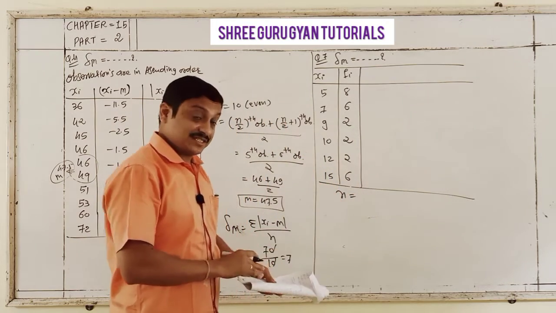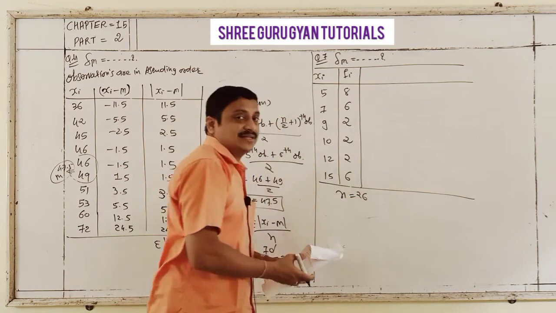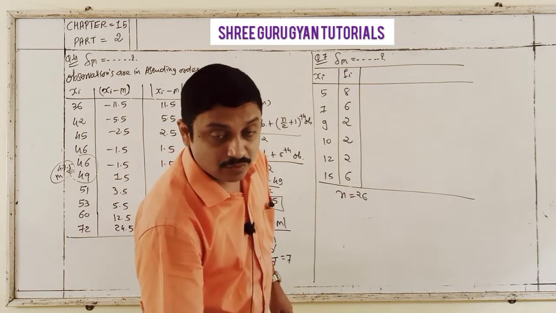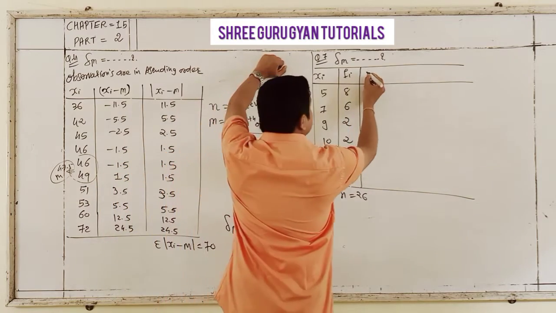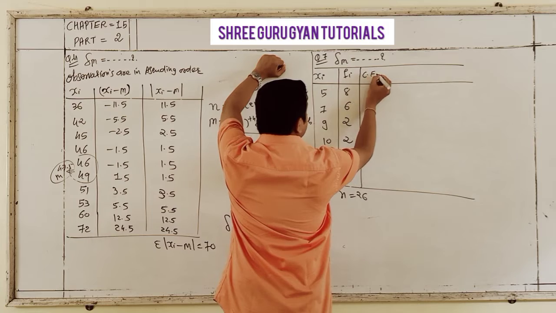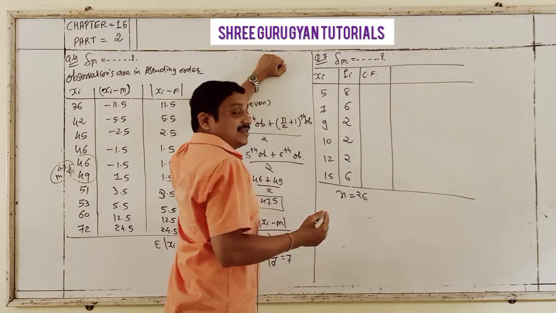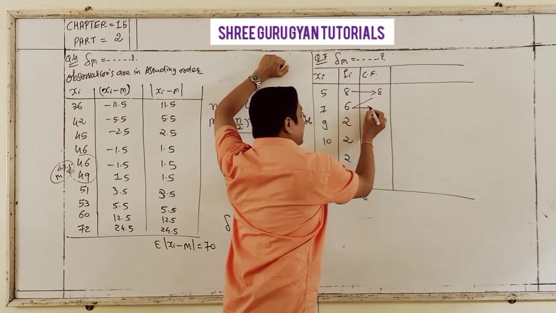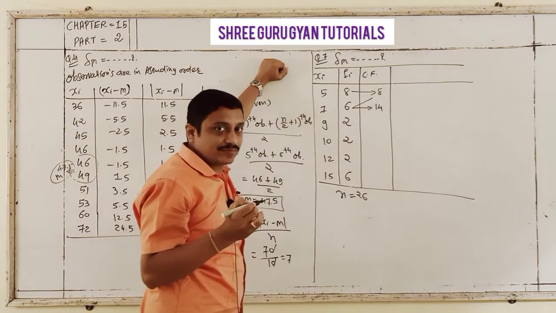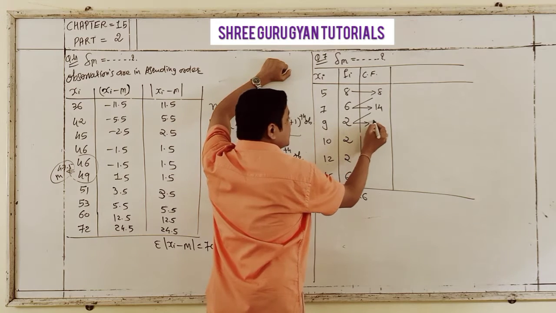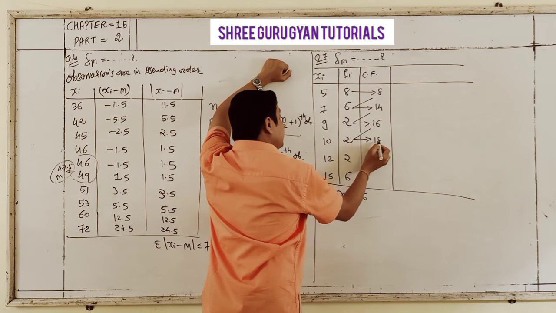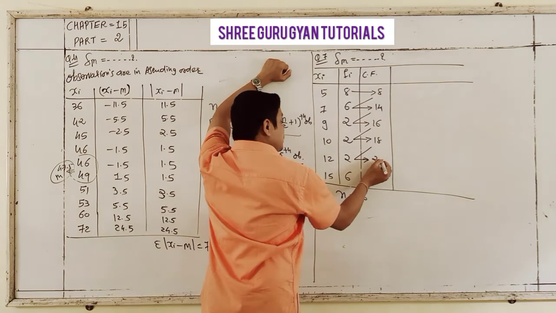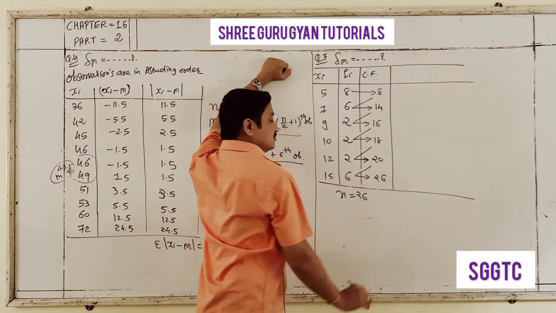Total of your additions is 26. Now first of all prepare the CF, cumulative frequency: 8 as it is, 6 added 14, 14 plus 2 is 16, 16 plus 2 is 18, 18 plus 2 is 20, and 6 makes 26.